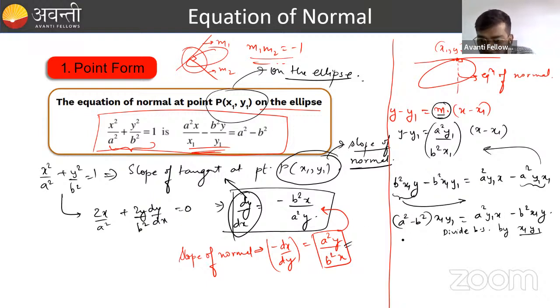Okay, so after I divide both sides by x1 y1, this side I am writing first. This will become a square x upon x1, because this y1 will be cancelled out by the y1 which comes in the denominator after this step, and minus b square y upon y1. This will be equals to a square minus b square. This x1 y1 will be wholly taken by this x1 y1.